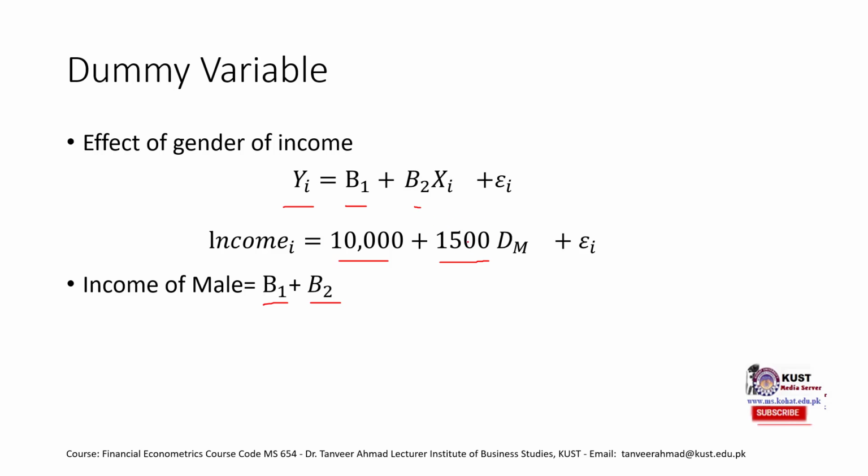This 1500 means that the salary of male, remember we have given the digit 1 to male, so we would interpret it in those terms: the salary of male is 1500 greater than the salary of female. I repeat, the salary of male would be 1500 rupees greater than the salary of female.